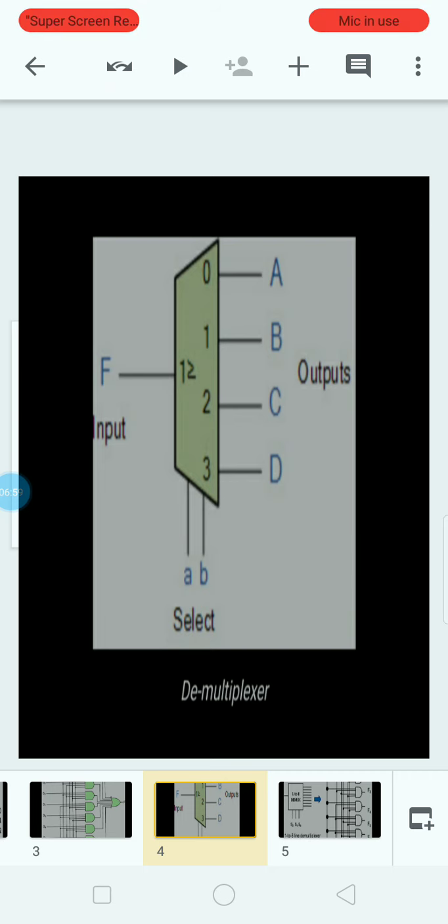A demultiplexer receives the output signals from the multiplexer, and at the receiver end it converts them back to the original form. Next, it is used in the arithmetic logic unit. The output of the ALU is fed as an input to a demultiplexer, and the output of the demultiplexer is connected to multiple registers. The output of the ALU, that is the arithmetic logic unit, can be stored in multiple registers.